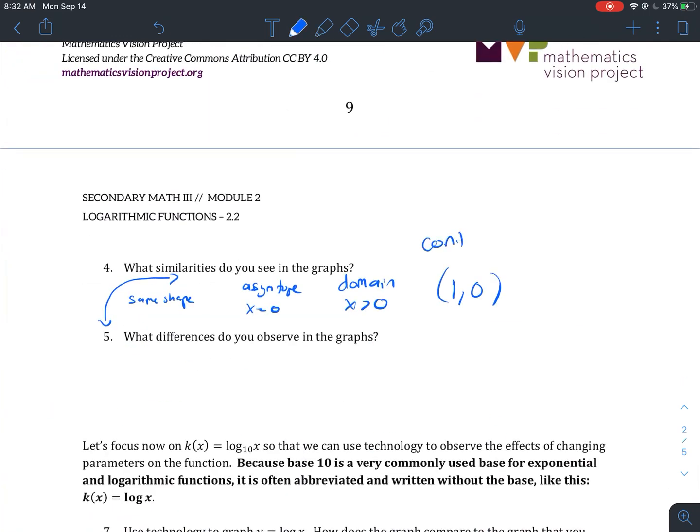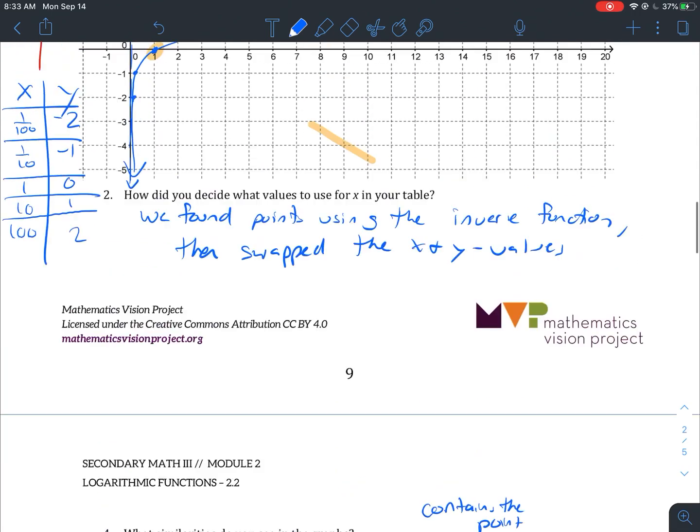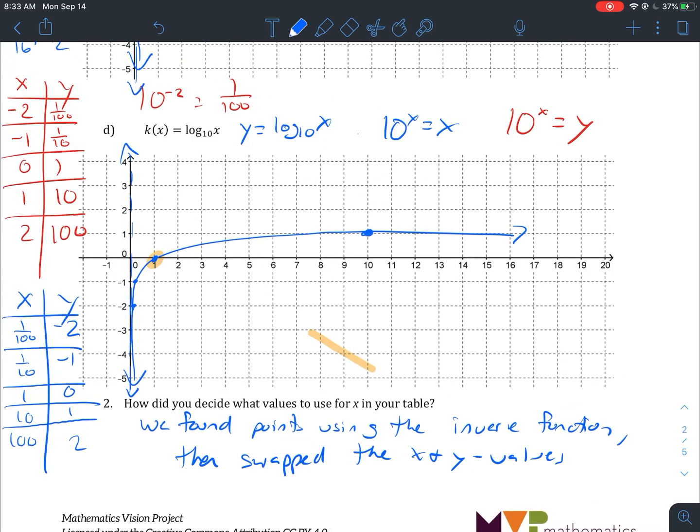So you could say contains the point 1, 0.